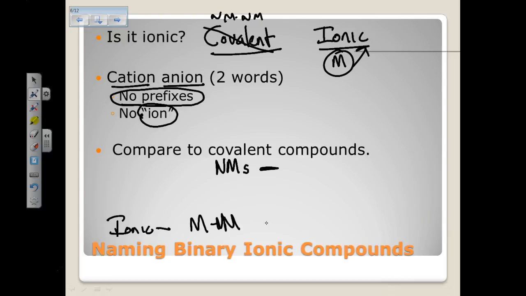Back when we talked about attractive forces, you'll have a cation like sodium. That's positive. This guy is negative. They are just attracted to each other. Whereas a covalent compound is, let's say, hydrogen and oxygen, and then hydrogen.